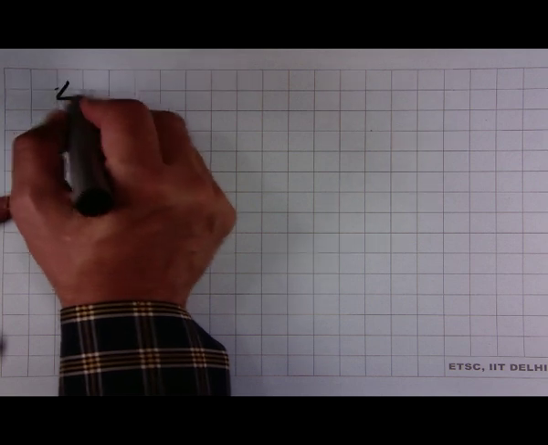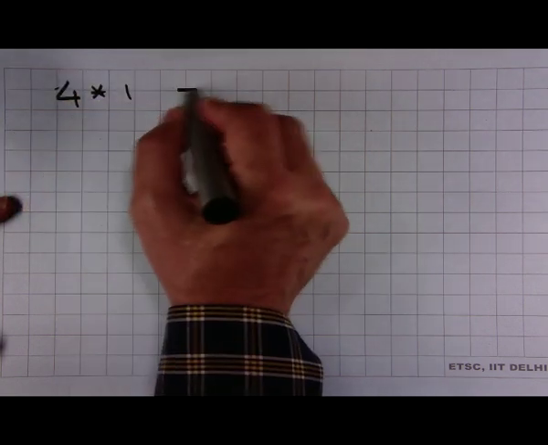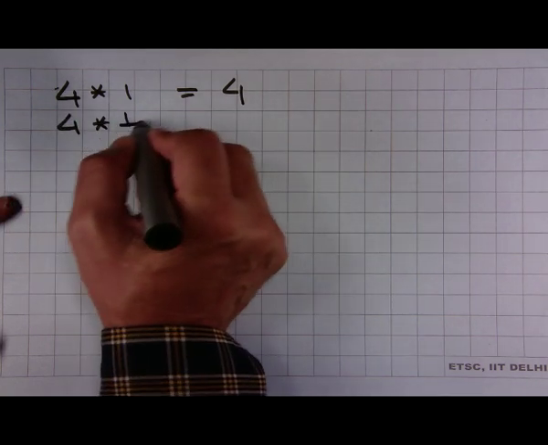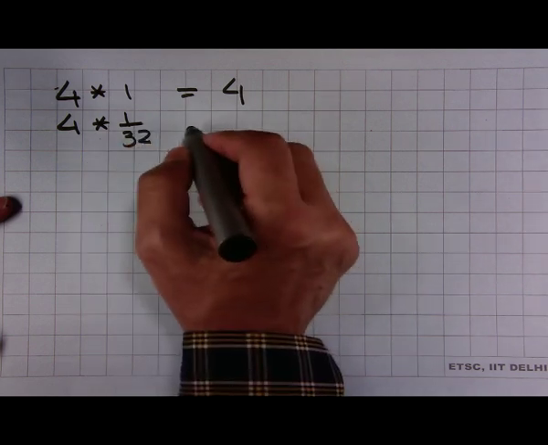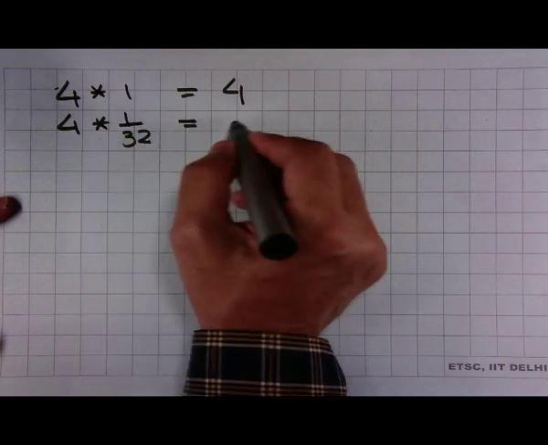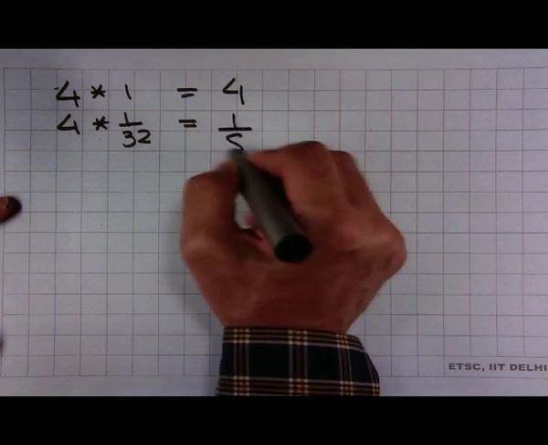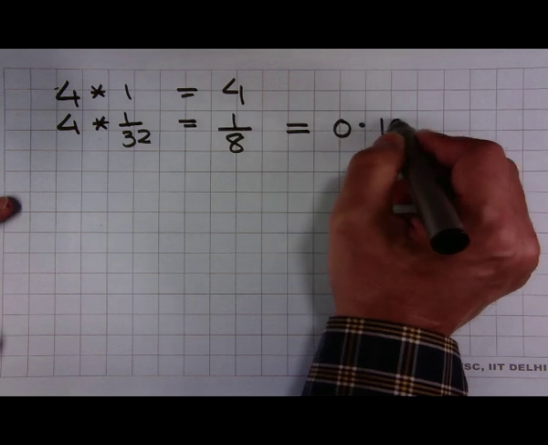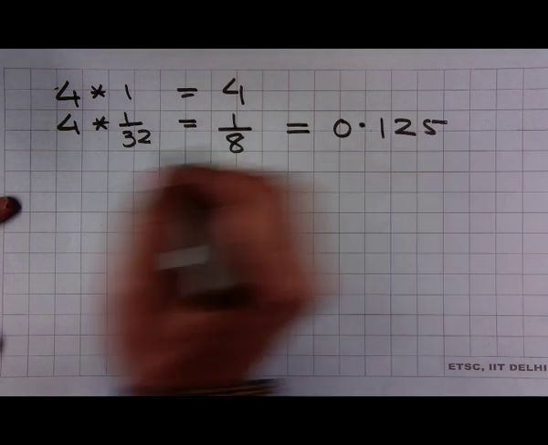So, 4 into 1 is equal to 4, 4 into 1 upon 32 is equal to 1 upon 8, which is 0.125.